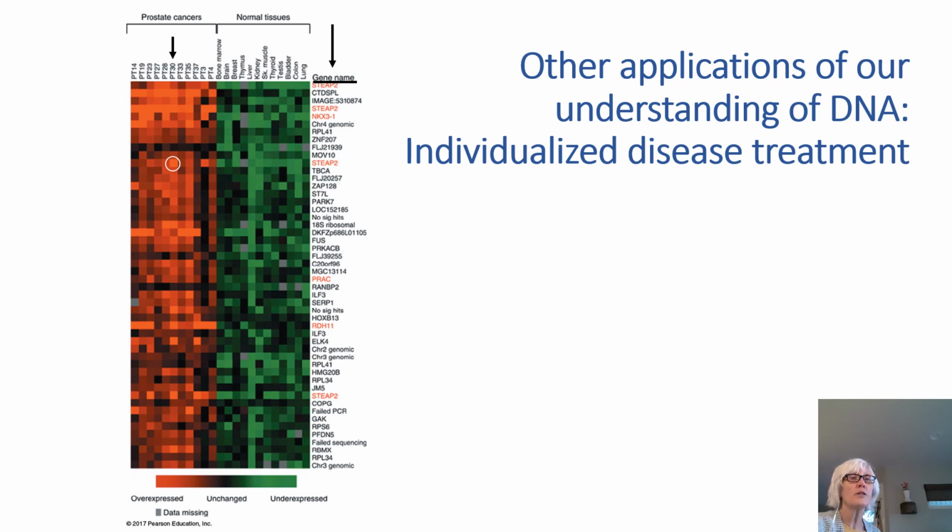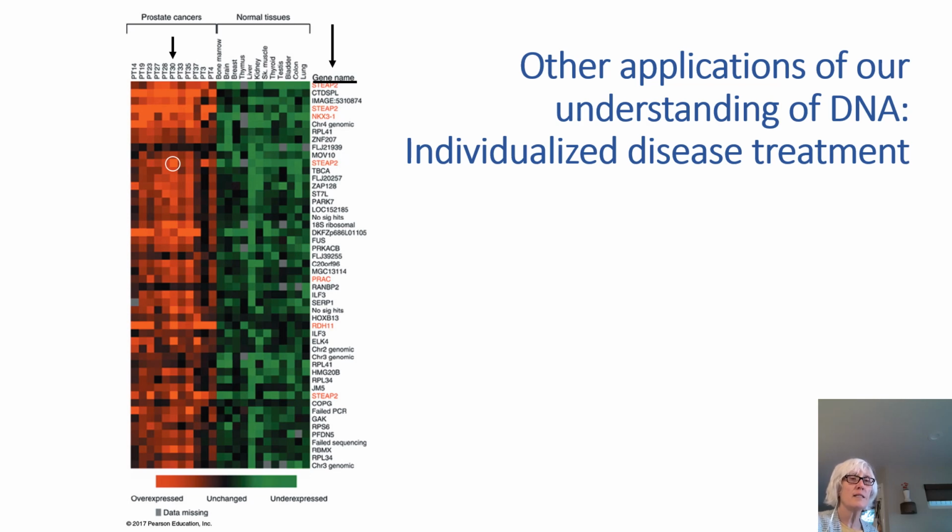Here, our patient number, I believe 30, has a brighter red color indicating a stronger expression or overproduction of this particular gene. Overproduction of this particular gene can be pharmaceutically modified in this patient. So that might have an effect on this patient's prostate cancer.